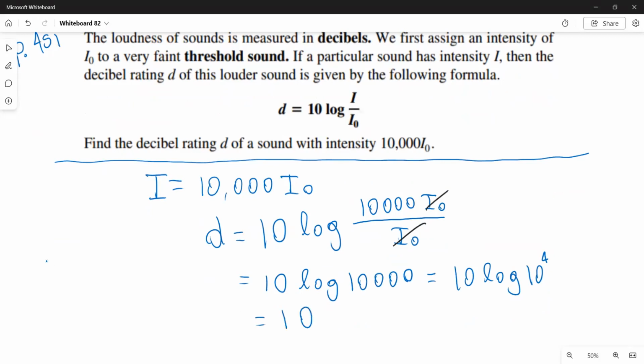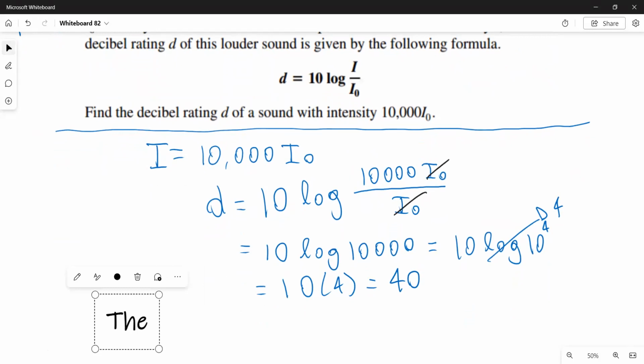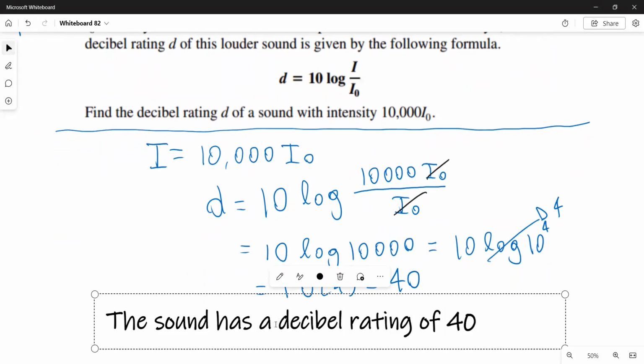So the decibel rating of that sound is 40, or the intensity of that sound is 40 decibels.